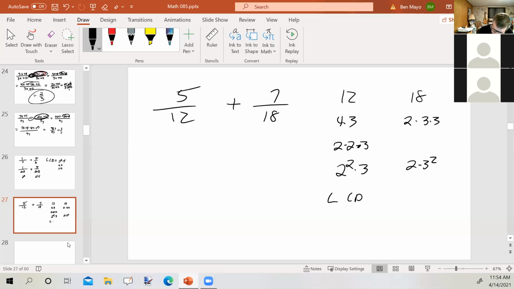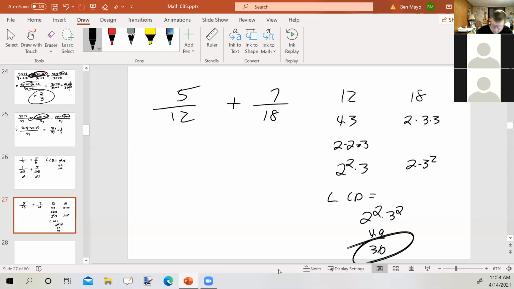So the least common denominator is the product of the highest power of each prime factor. Okay, do you see where I'm getting 36? And there's nothing wrong with what you did, but where we're headed, that may not work for you. This will. So are you seeing where I'm getting the 36 from? Yes.